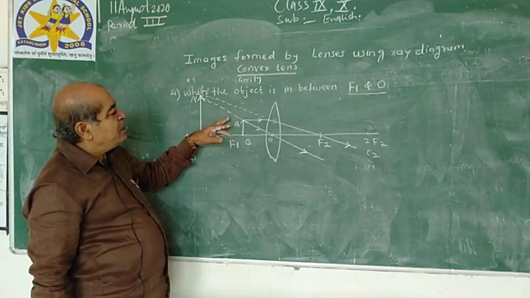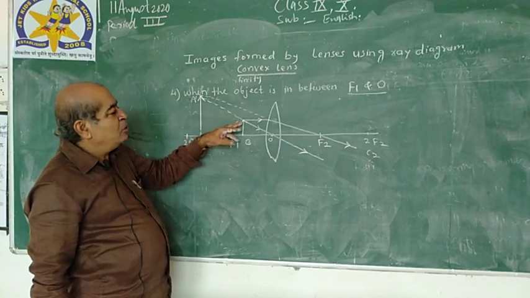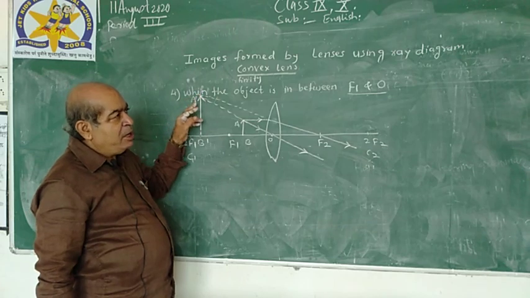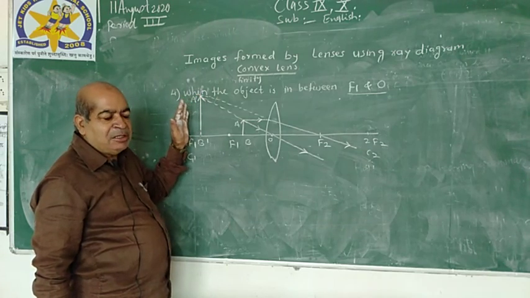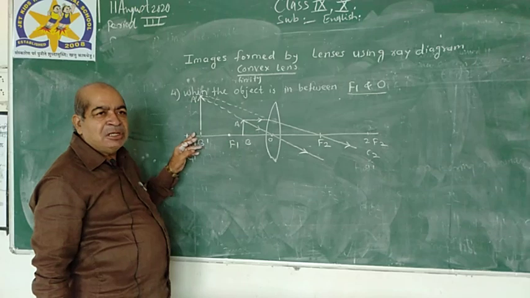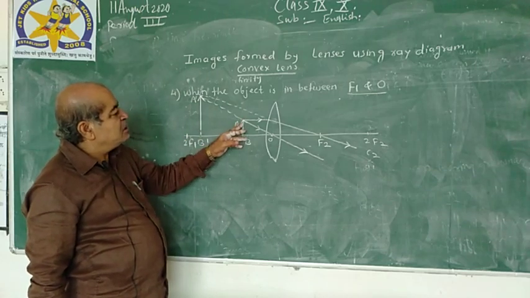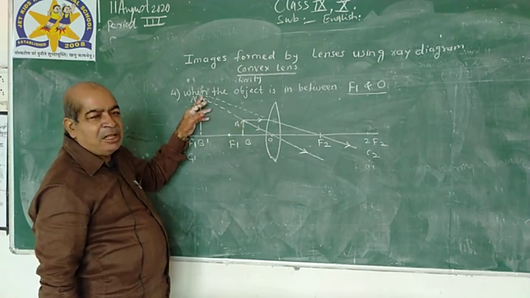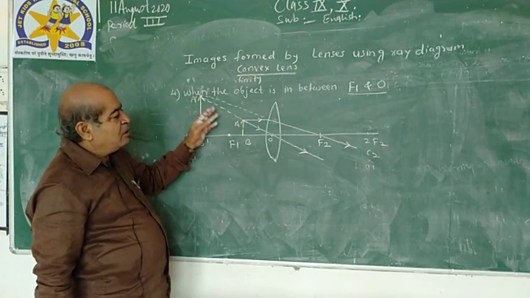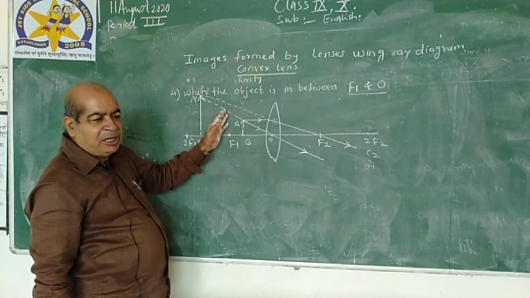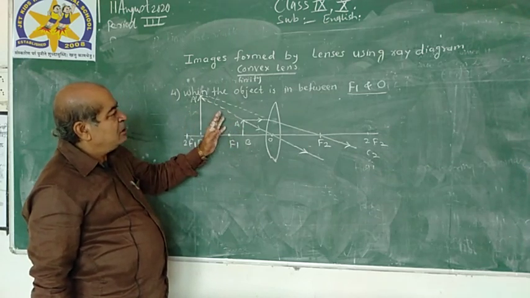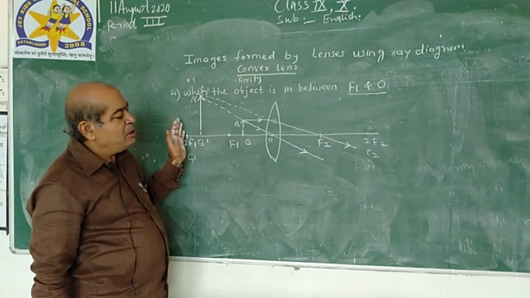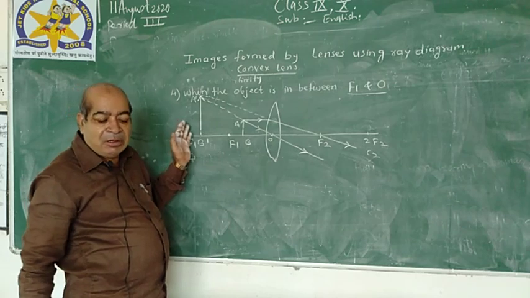Since the image is obtained due to the extension of the rays, the image is virtual and the image is erect. If this is the position of the object, then this is the position of image. Erect means it is straight, it is not inverted. The virtual and the erect image is formed.